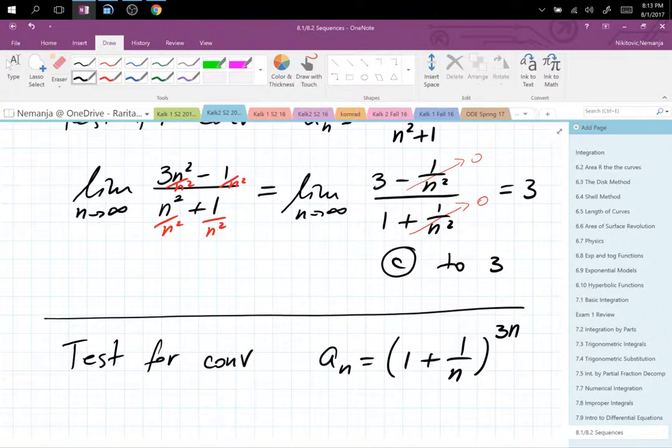What? Where's the answer? What do we have? What happened? It's convergent, but it's not to 1. I remember doing parentheses 1 plus like 1 over n to the 1/3, parentheses 3n. Nope.